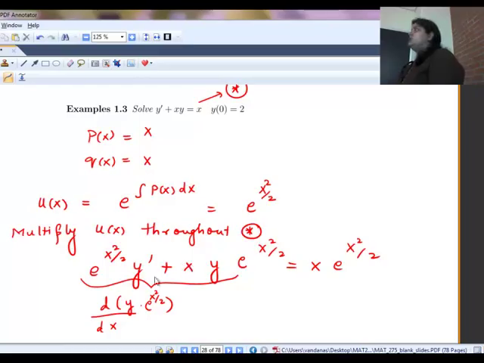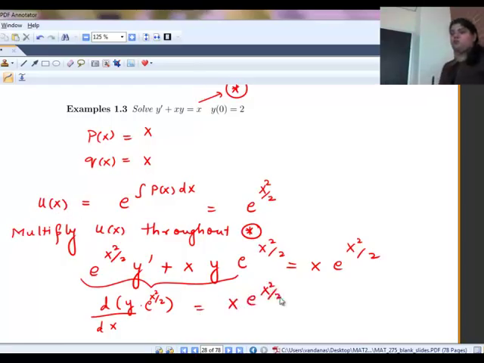Can you all see this calculation? This is important here. Whole left hand side is merged into the function y times integrating factor, and this is equal to x e to the power x square over 2.